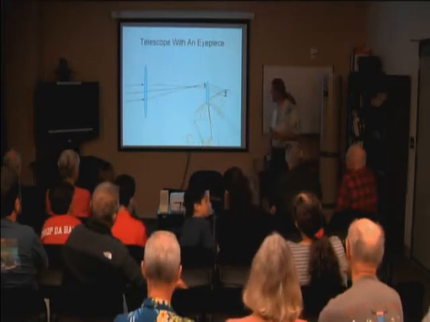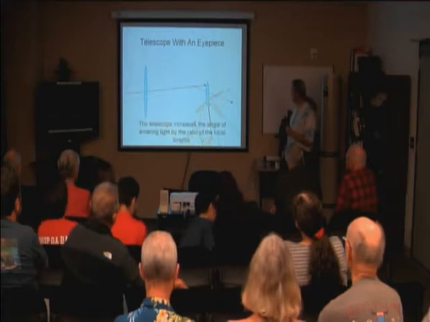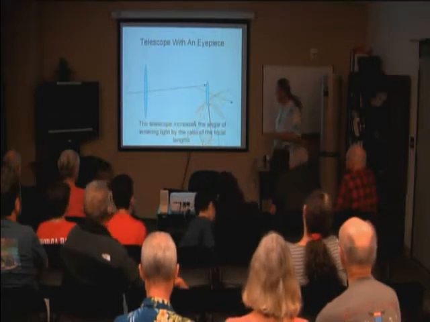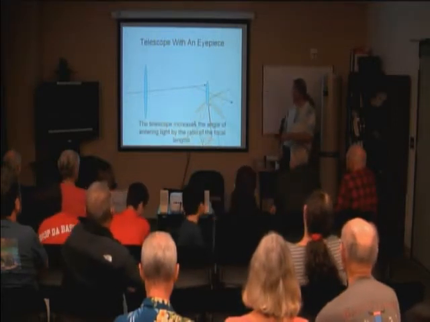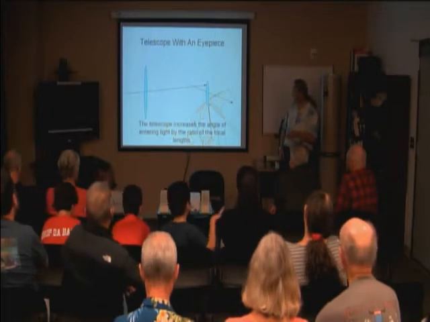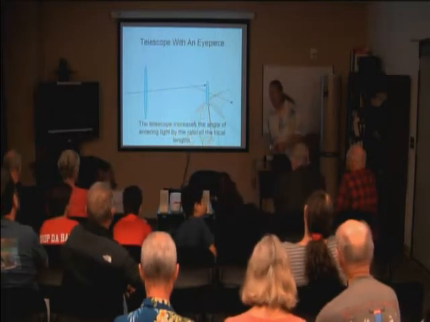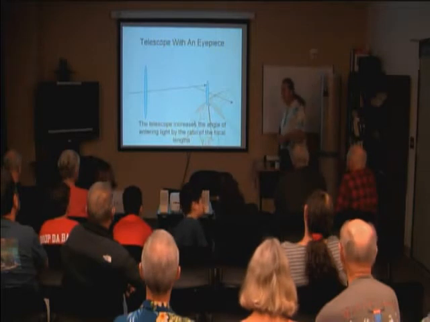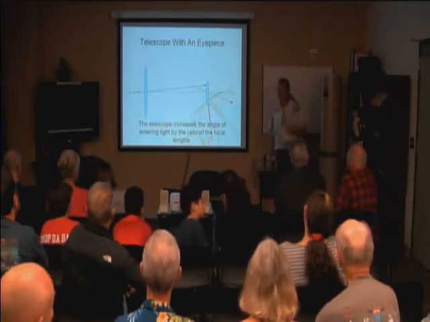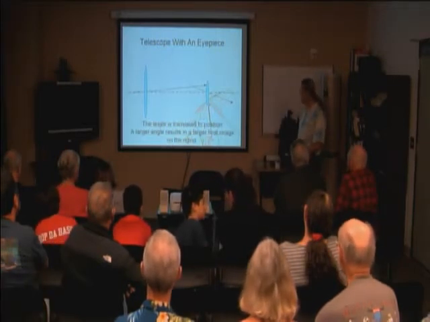All right. So the telescope increases the angle of the light leaving relative to the entering light by a factor of the ratio of the focal lengths, and that translates into a magnification.